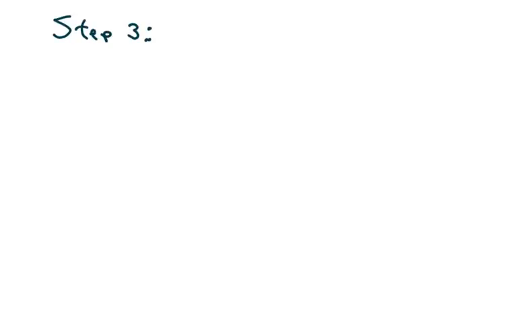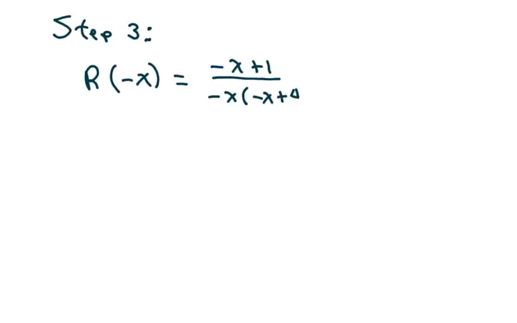So we're going to check for R of negative x. Everywhere there's an x, I'm going to put negative x. So we get negative x plus 1 over negative x times negative x plus 4. This reduces to negative x plus 1 over x squared minus 4x.